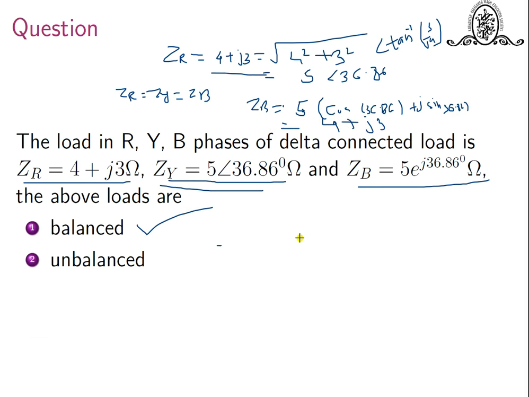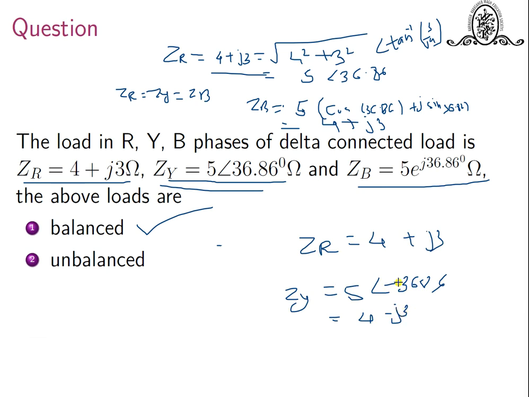But all values must be equal. Suppose ZR is equal to 4 plus j3 and ZY is equal to 5 at an angle of minus 36.86. Then this will give you 4 minus j3. See, the real part is equal, but the imaginary part is not equal. Plus j3 means this is an XL type of load, and minus j3 means an XC type of load.